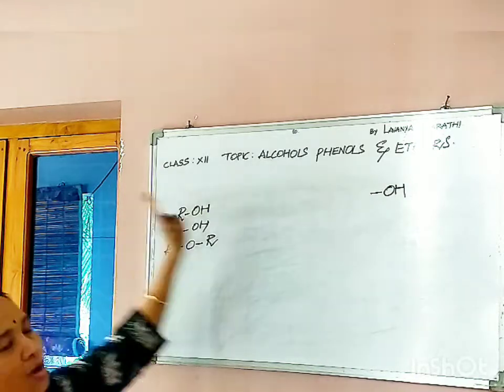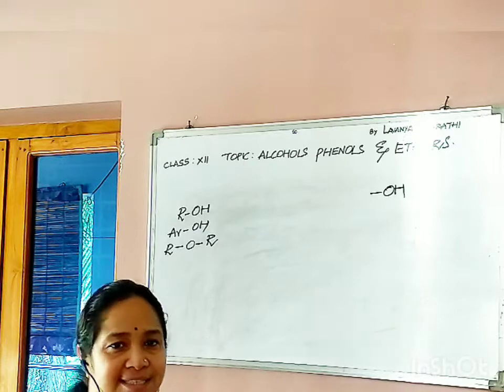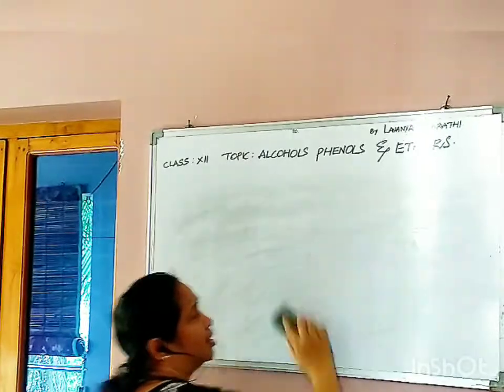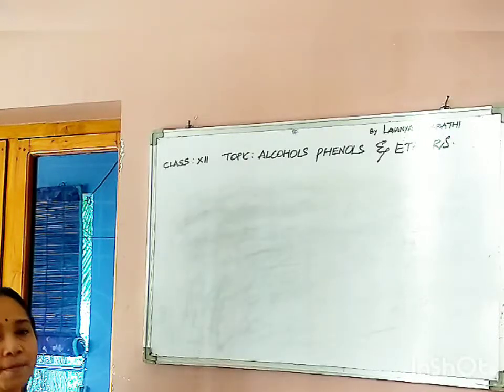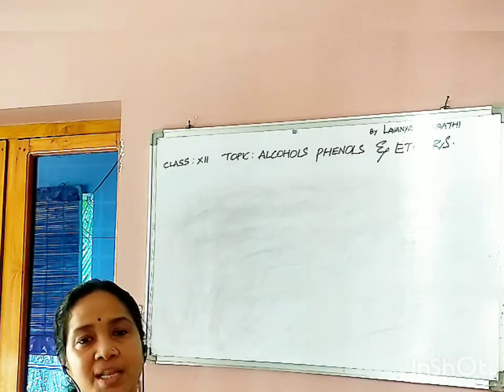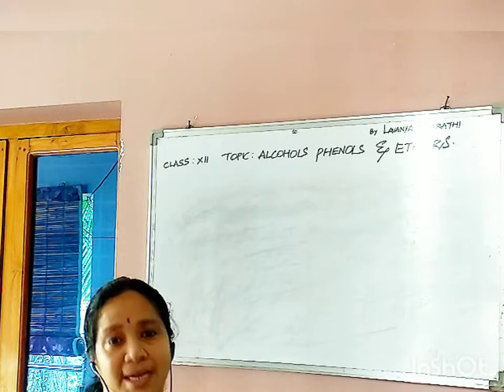So today we are going to learn about the preparation techniques of alcohols and phenols. Coming to alcohols, there are especially four types of preparation techniques. The first method is hydration of alkenes with the help of sulfuric acid or any other mineral acid, which follows the Markovnikov rule.